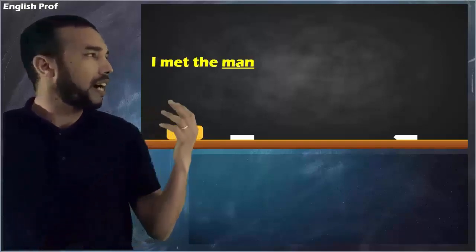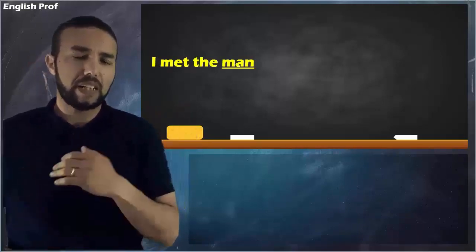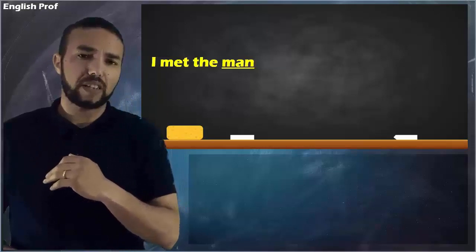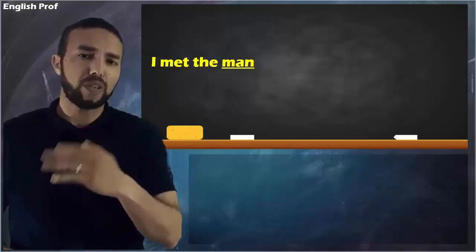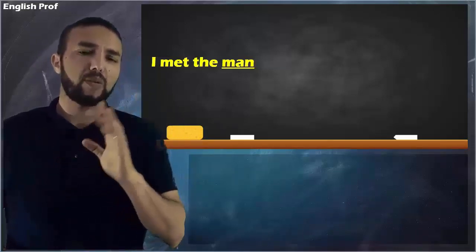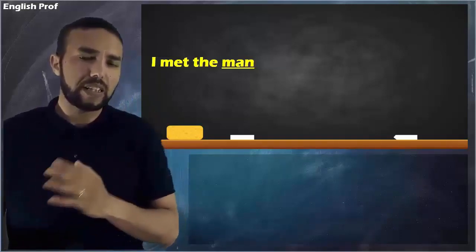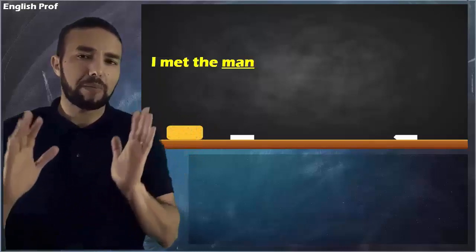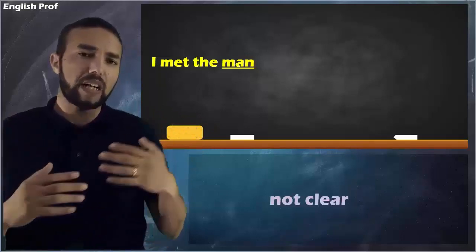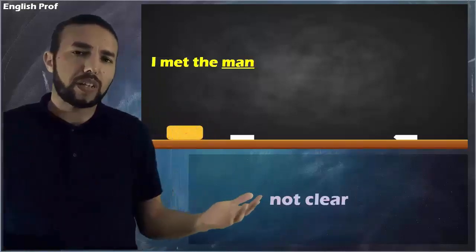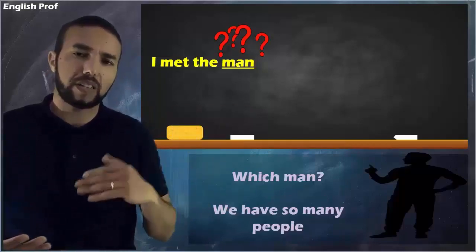Let's start with the first case with the example on the board. So we have there, I met the man. If you say this to your friend and both of you know who the man is, it would be accepted. But usually in other contexts, this might be a little ambiguous. It's not clear. I met the man. Which one? Is it John? Is it Carlos? Is it Ahmed?